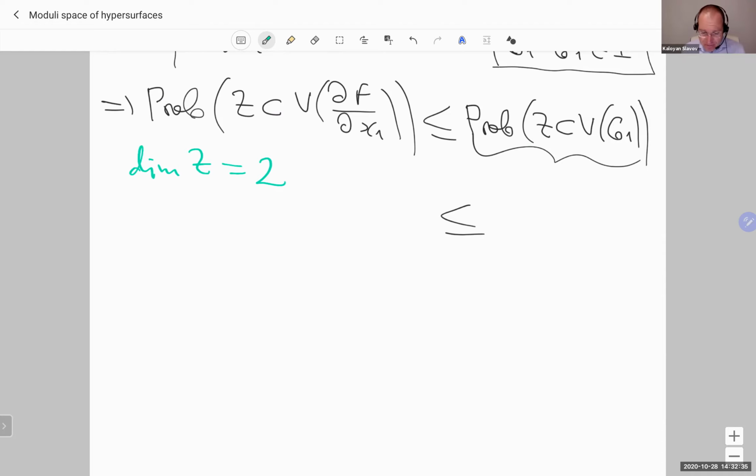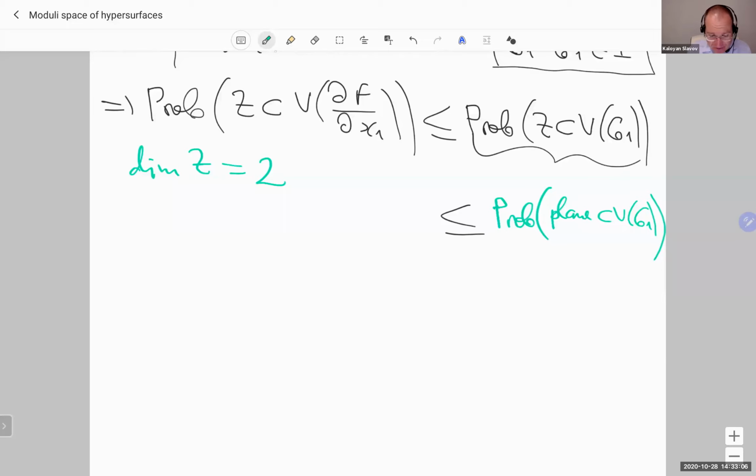And therefore, this probability is less than or equal to the probability that a given plane is contained in V of G1. Yes, the probability that a hypersurface contains a two-dimensional surface is less than or equal to the probability that the hypersurface contains a given plane, again by the degeneration argument.